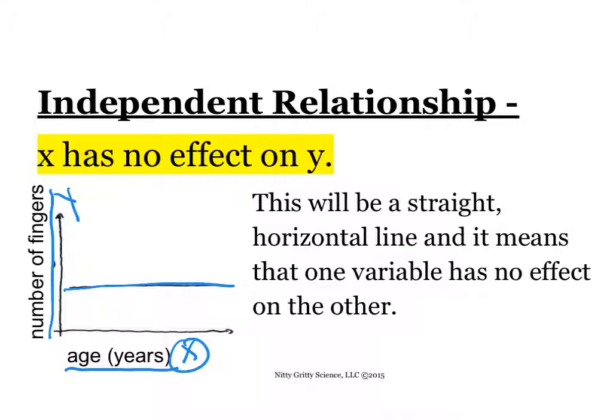Doesn't matter if you're 5 or 6 or 22, you should still have 5 fingers on your hand, unless, you know, something happens. You can also have a vertical line where you might have something down here on X and Y where, again, one variable has no effect on the other variable. Again, make sure that you're taking notes on your worksheet and make sure that you're drawing this horizontal line on your worksheet.